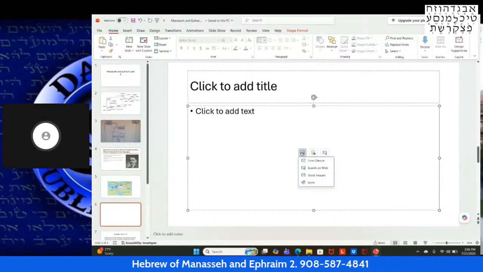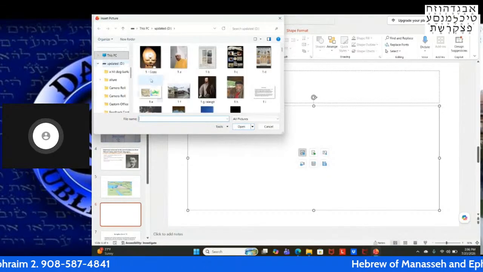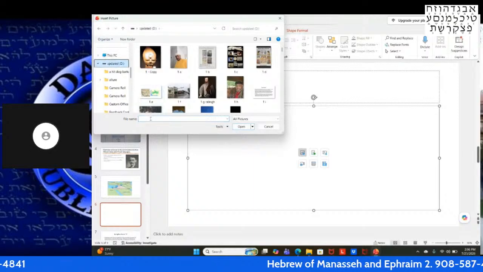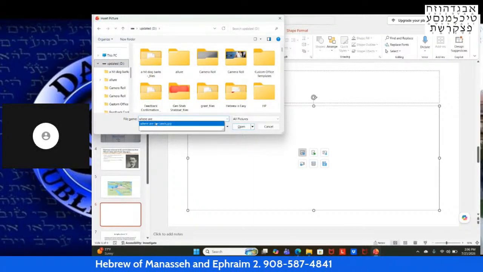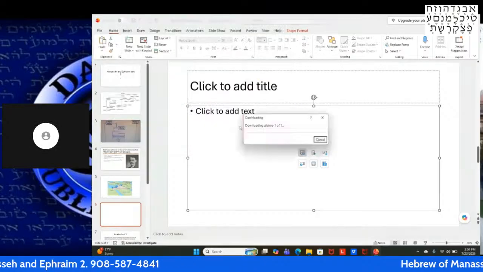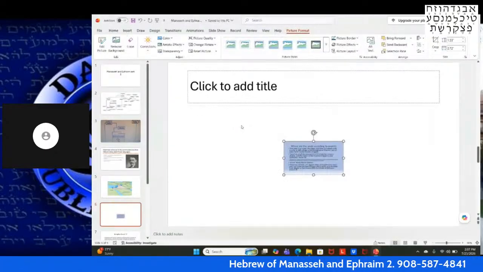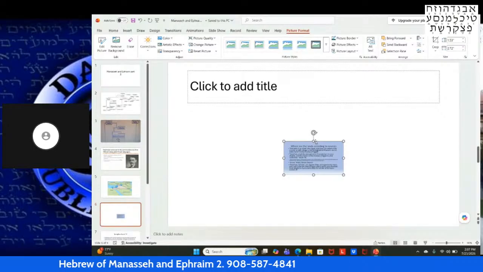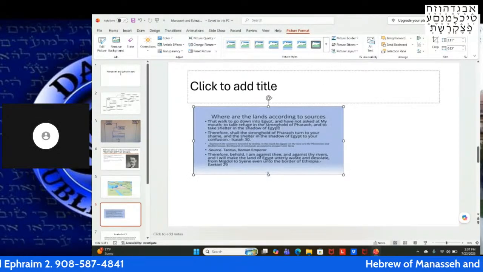Look, if we will, family, in this particular case. I call this one, pardon me, where are the lands in this particular matter? Let's see what scripture says, and let's see what we're going to show in geography.